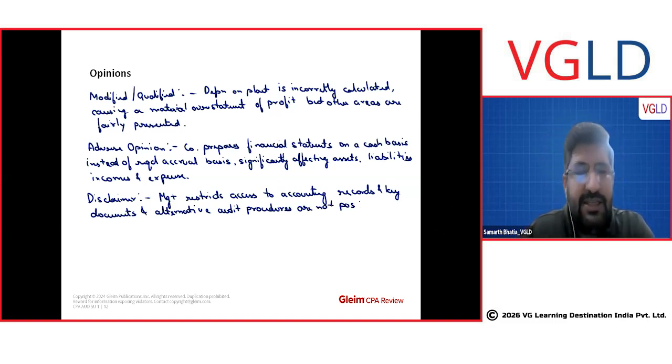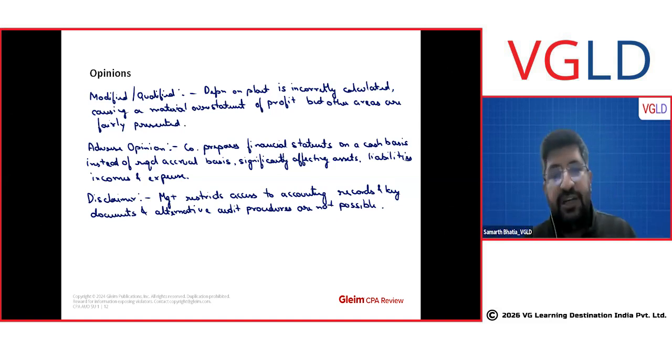So mostly in that case, they give a disclaimer. Suppose management restricts my access to the records, whatever the key documents, and I'm not able to perform the alternative audit procedures. In that case, I'll give a disclaimer. When I'm not able to perform my audit process, how can I give my opinion? I can't give it. I'll say, no, I can't give my opinion.